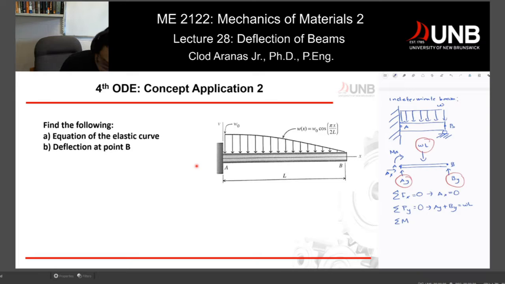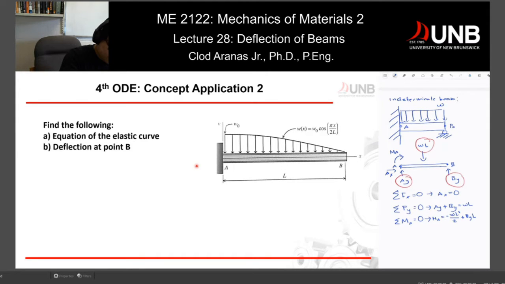Now, we can sum our moments at point A equal to 0. This would be our third equation. Once we sum the moment at point A, we are going to get the following. I'm not going to show all the steps to save time. It's equal to negative WL squared over 2 plus BYL.